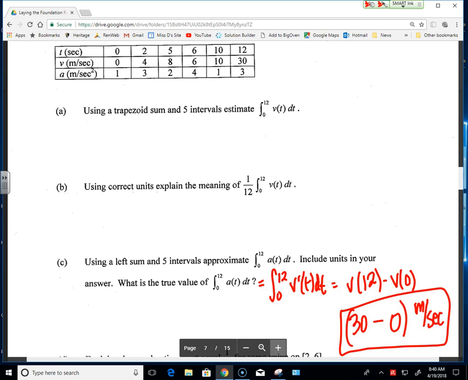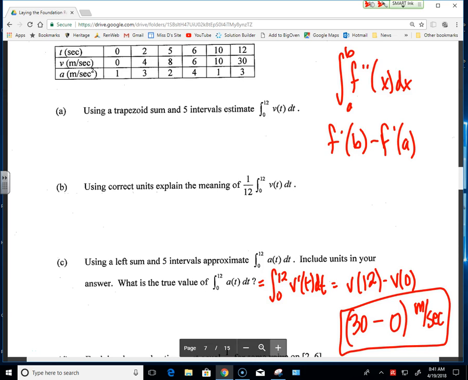On your FRQs from the mock AP on Saturday, there was something where you had the integral of F double prime of X dx from an A to a B, and it asked you to solve it using a table of F prime values. It was as simple as going to the table, then plugging in.